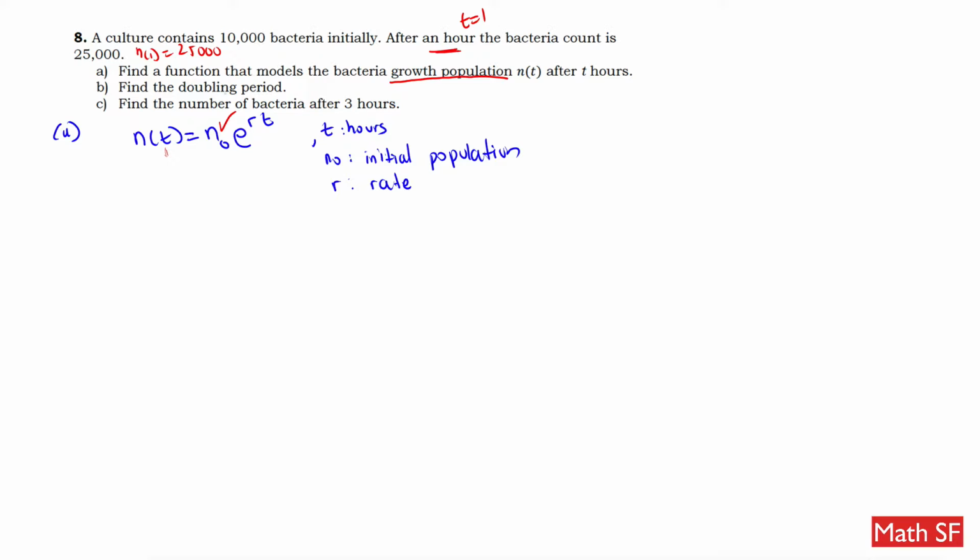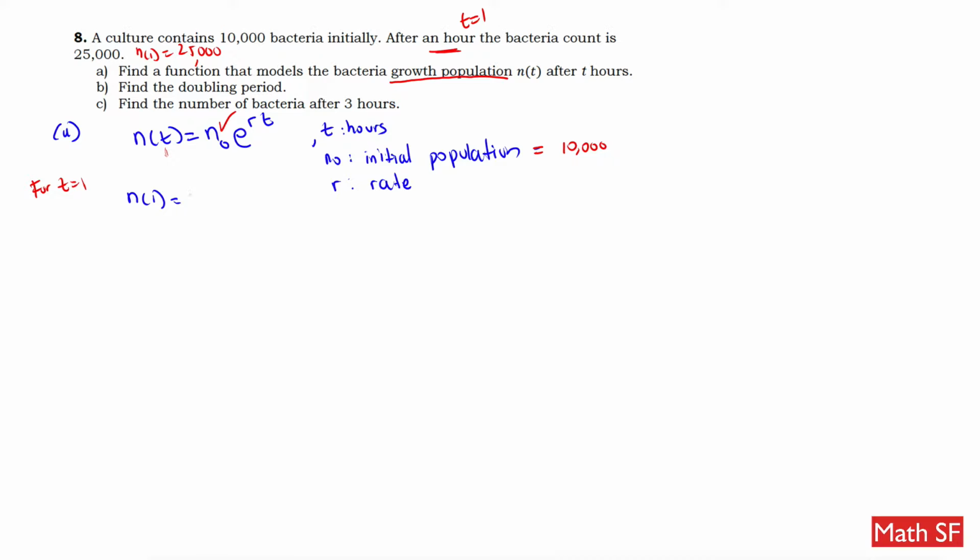So they're pretty much giving you a point. So let's do this. For t equals 1, N of 1 is equal to N naught, which is the initial population. Let's recall that the initial population is 10,000.